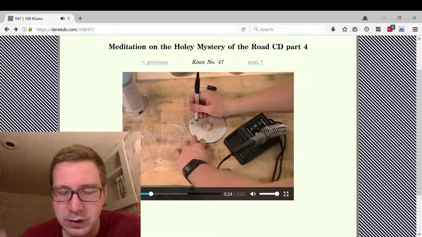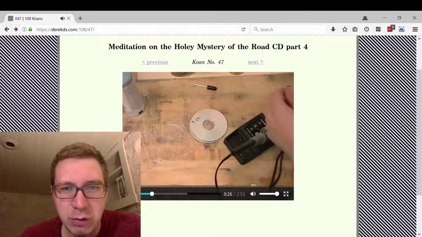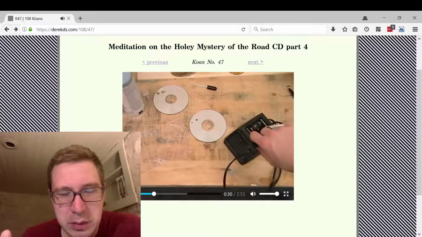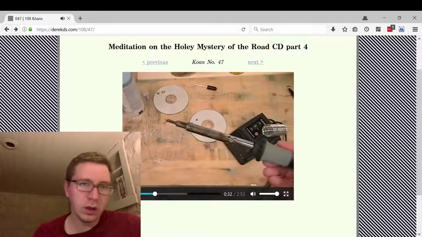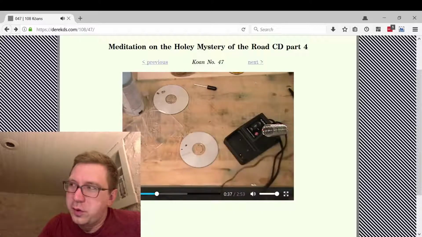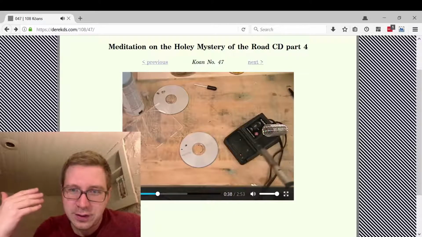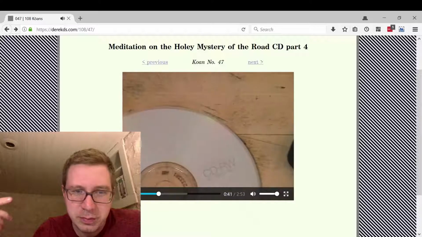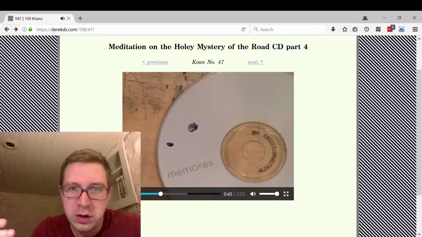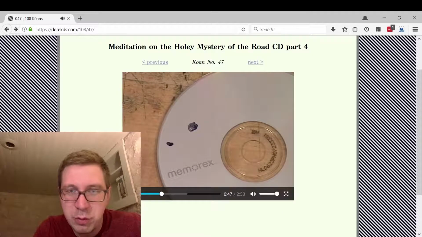For this one, I don't quite remember what I've already said about the Road CD, but essentially, I'm purposely coming up with ideas to put holes in the CD that I know won't work or aren't the right way to do it.